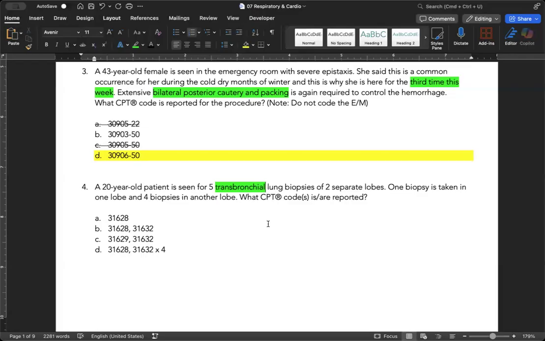So we'll go bronchoscopy, and then we are doing biopsies, right? So we're going to use 31625 through 31629, and then 31632 and 33.